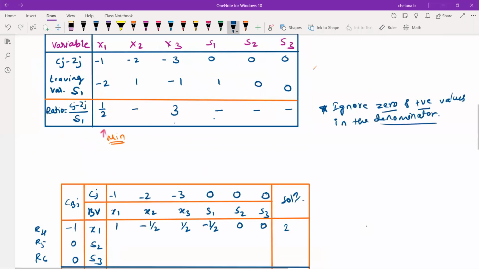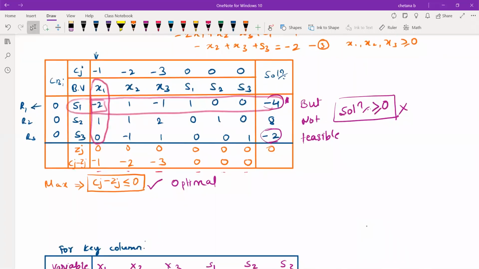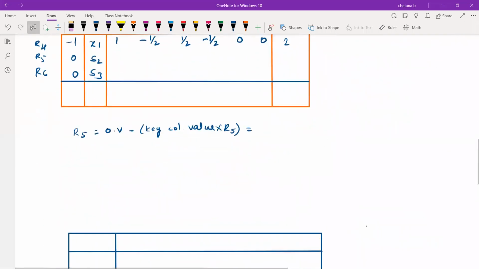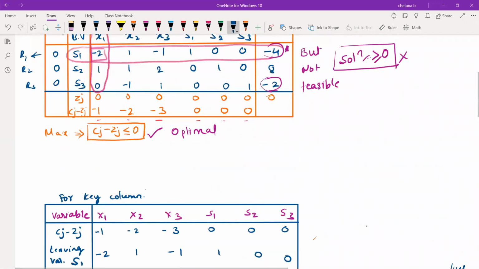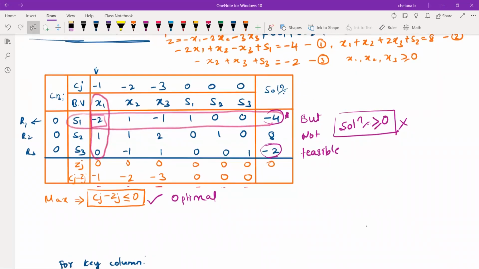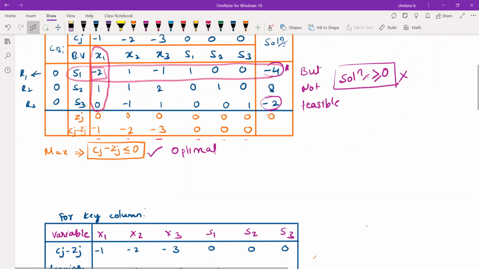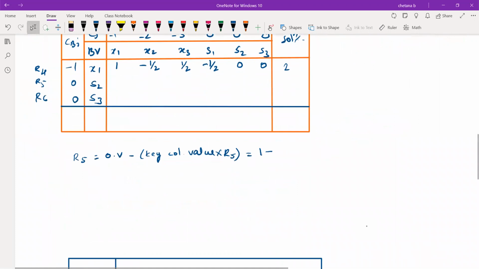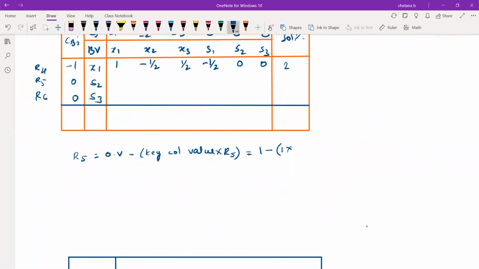So old value is from the main table, 1, minus key column value, which is 1, into R4, which is 1.